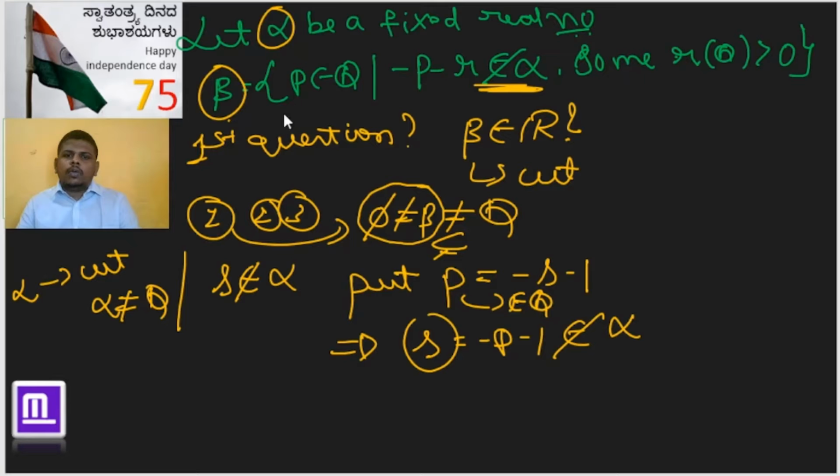So now we are in a situation where, whatever alpha we are given, we can construct such numbers. Somehow we manage to find r equal to 1, which is greater than 0, such that minus p minus r does not belong to alpha.